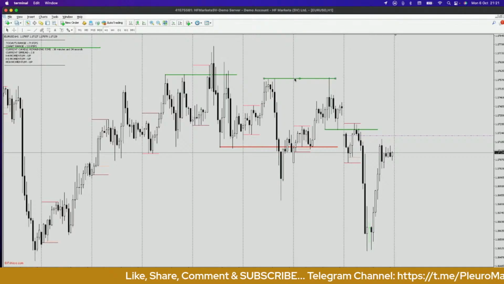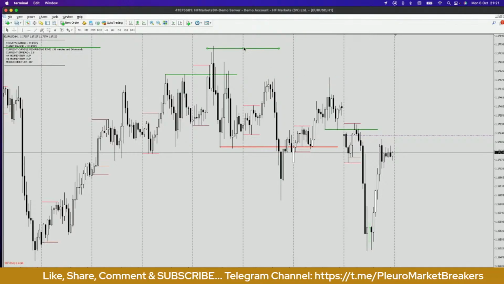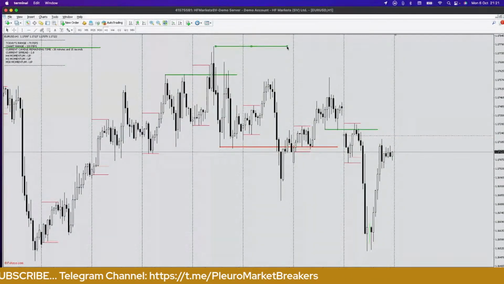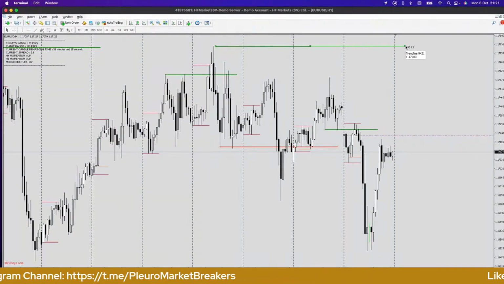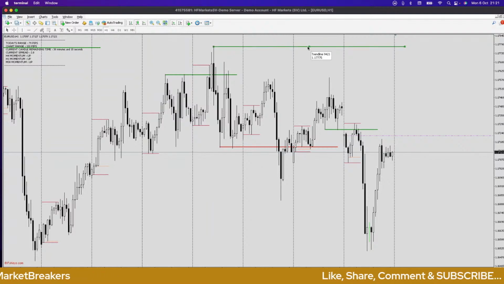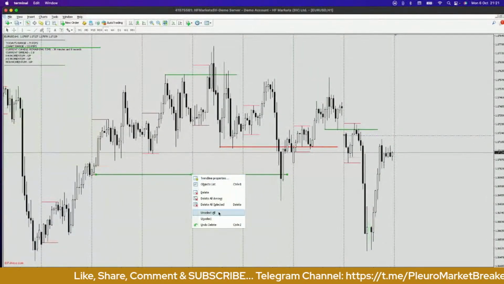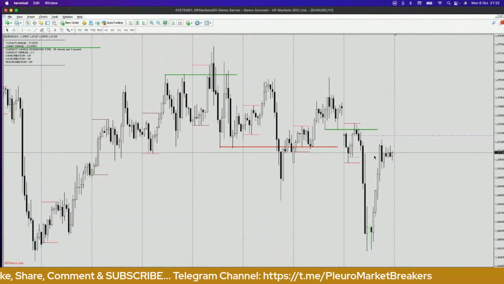Sorry, this high, the one that started it. At this level, I'm back bullish. But because that hasn't happened, I'm looking for a sell.